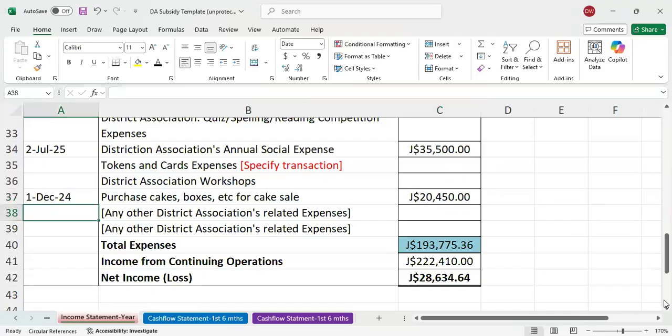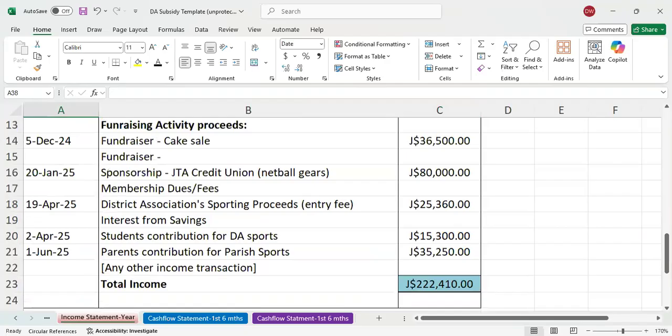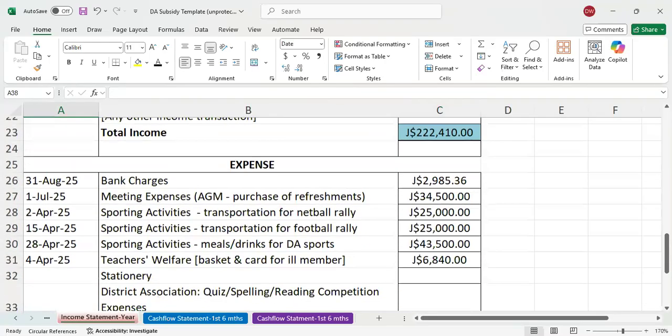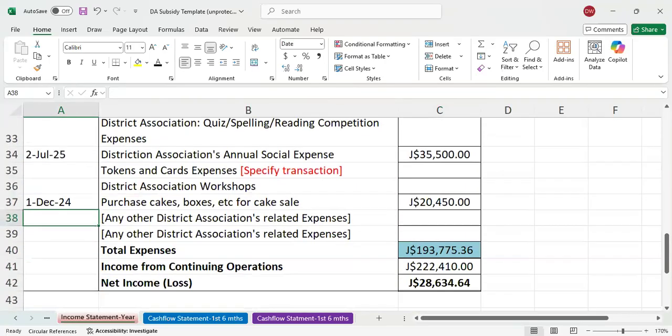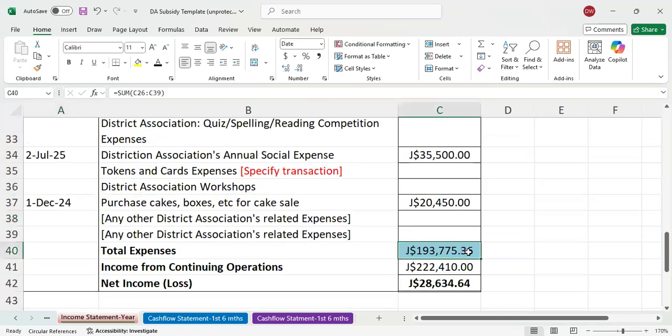Okay, so this is what the financial statement looks like, the income recorded and the expenses. At the bottom of the spreadsheet, you would see that there's a total expense.